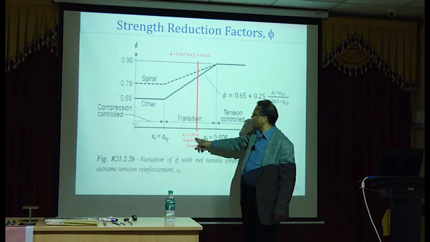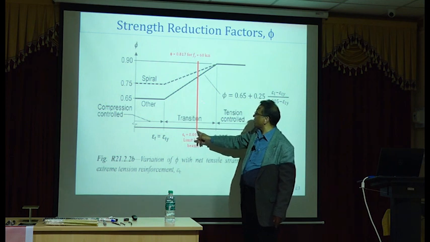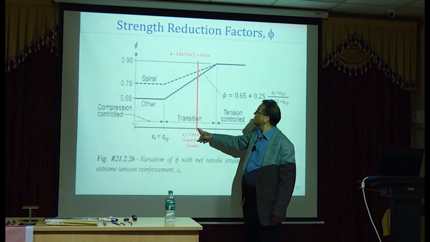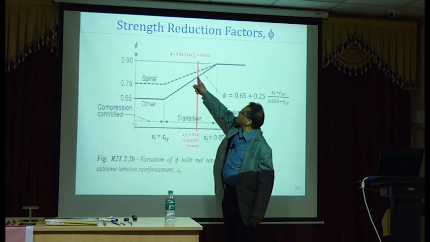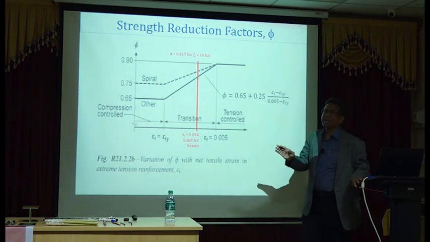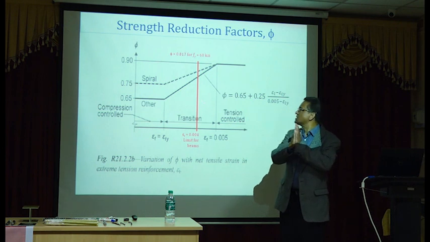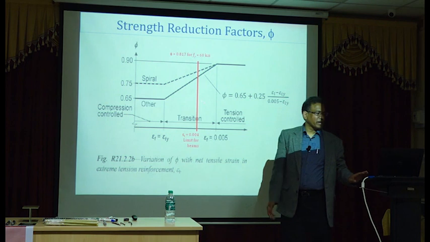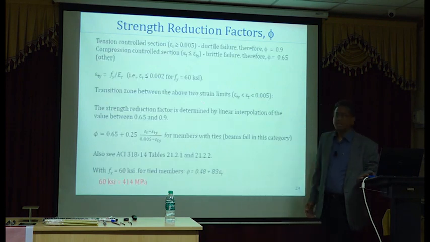But I have a limit here. 0.004 is the limit for a beam. So if I'm designing a beam, it must have epsilon t of 0.004. Therefore, for a 60 grade steel, that would be 0.817. So the phi factor practically will range from 0.816 to 0.9 for a 60 grade normal steel.